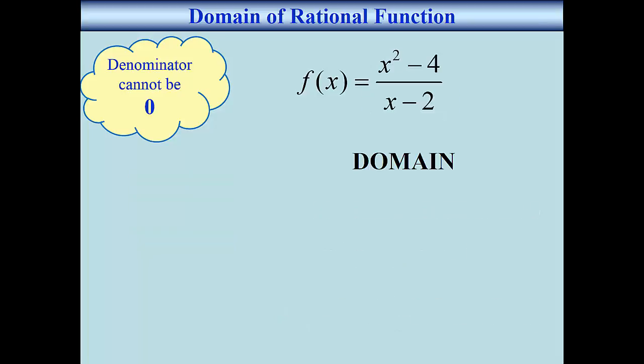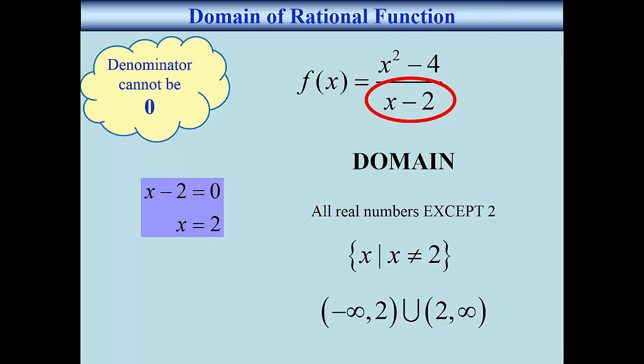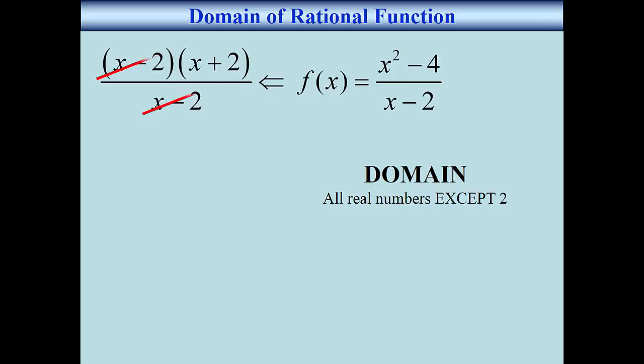Same thing with this one. x minus 2 cannot be 0. So it means x cannot be a 2. And I wanted to show you for this particular function another way of writing it: factor the top, cancel the x minus 2's.